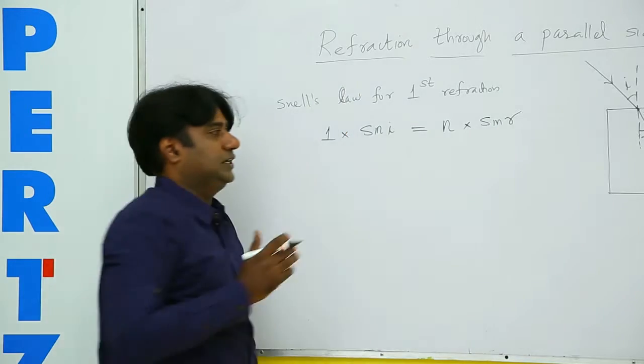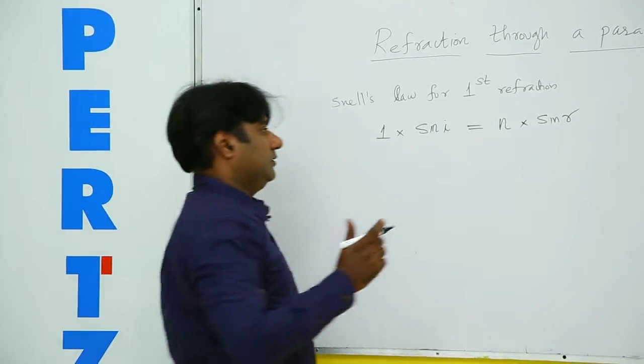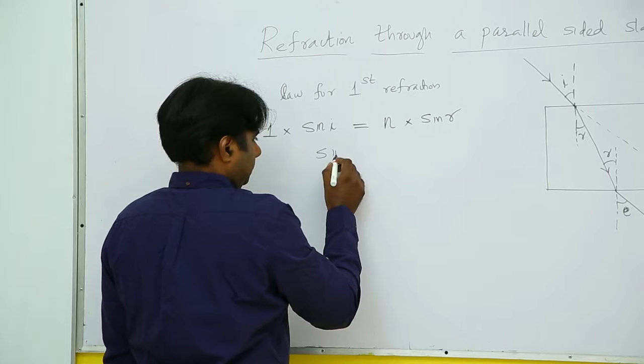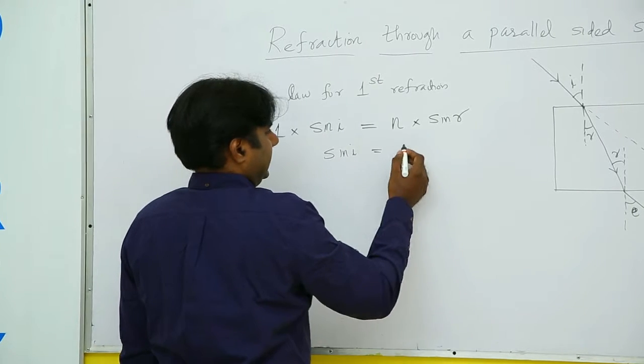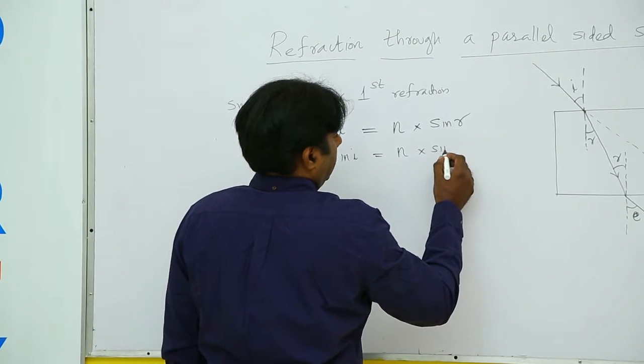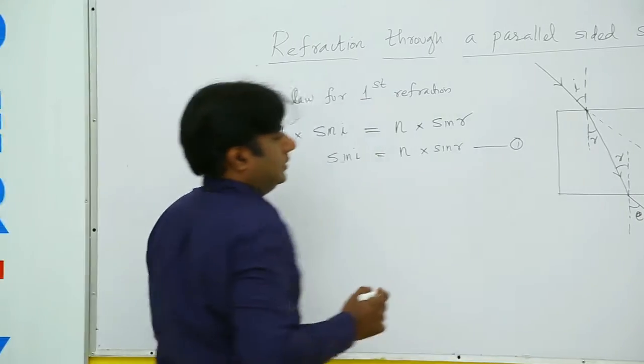This is Snell's law. 1 into sine i equals n into sine r, which I put as equation number 1.